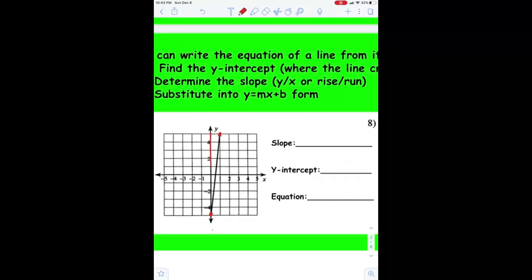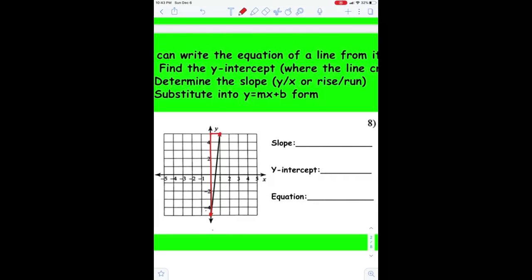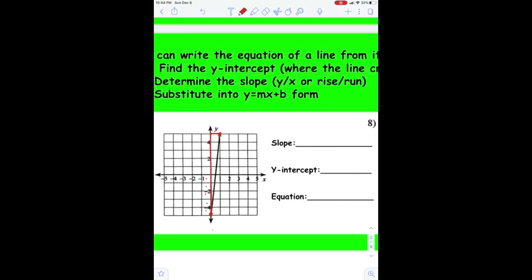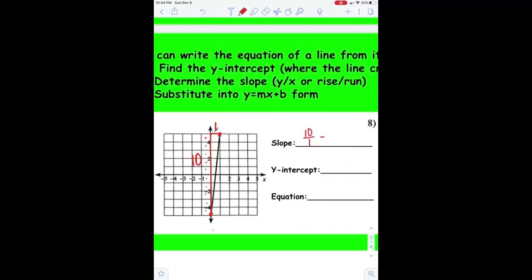Now I'm going to do my rise over my run to find my slope, or remember, my change in y over my change in x. Here my change in y is 10, and my change in x is 1. So my slope is going to equal 10 over 1, which is equal to 10.